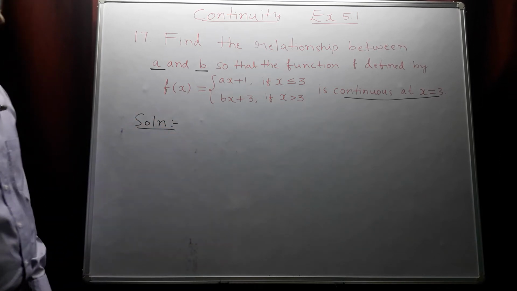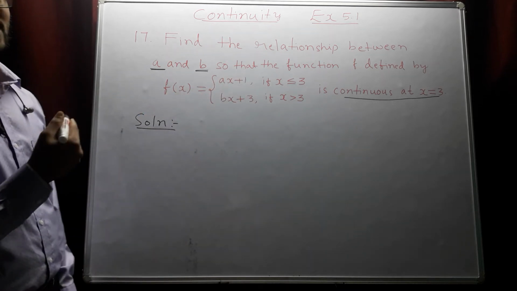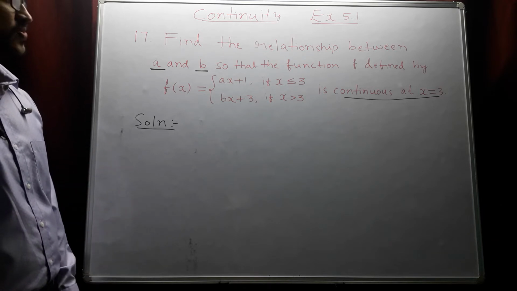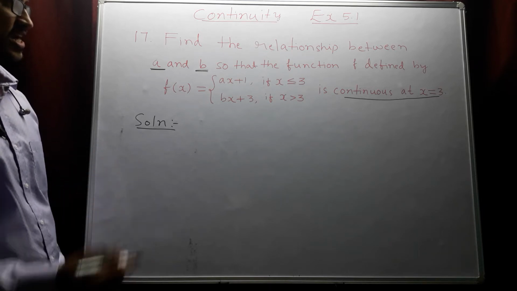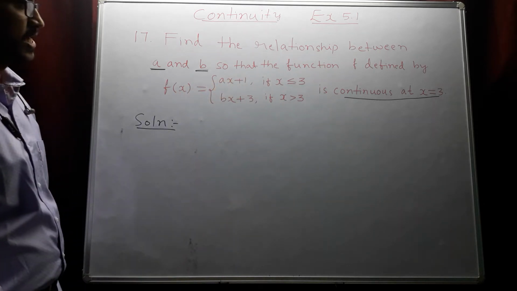So we know that a function is continuous at a point means its left hand limit is equal to its right hand limit, and that is equal to the value of the function at that point. So here the given point is 3.